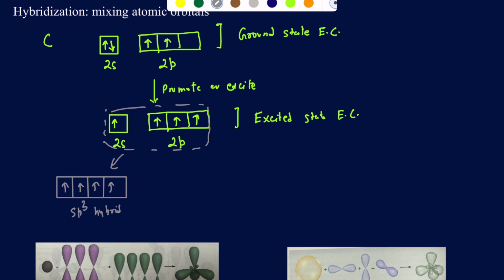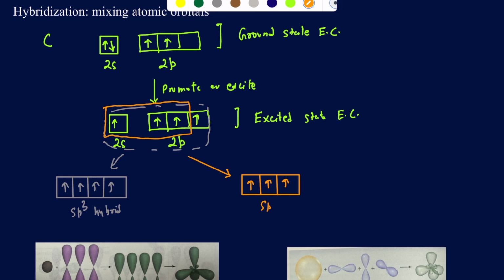Now remember, I do not have to get all three orbitals mixed from the 2p subshell, but in this first example, I'm mixing all three of them. Let me give you another example where I want to mix only, let's say, and I'm going to use a different color here, so pay attention to the color. I'm going to mix one from the s and two from the p, so I get a set of three hybrid orbitals, and they're each going to have one electron.